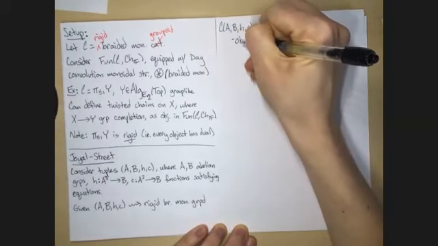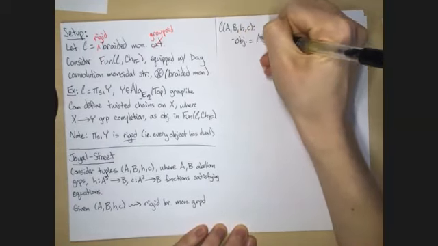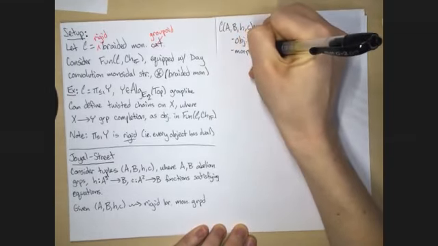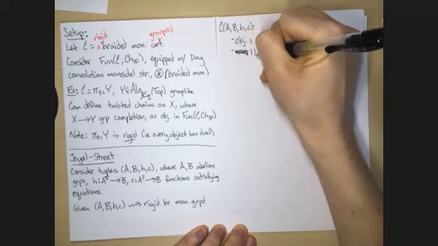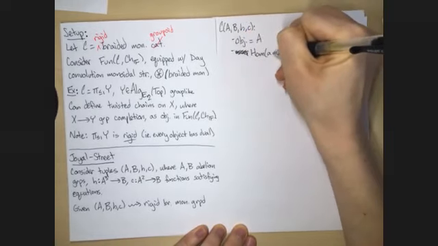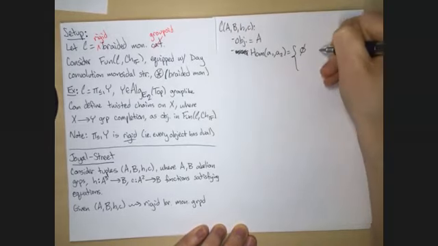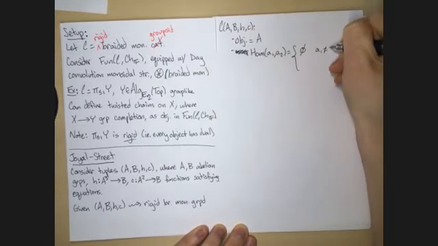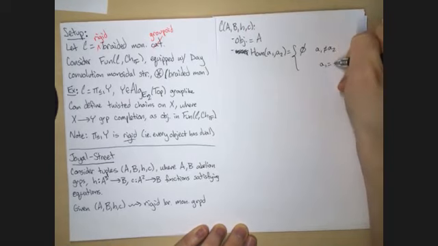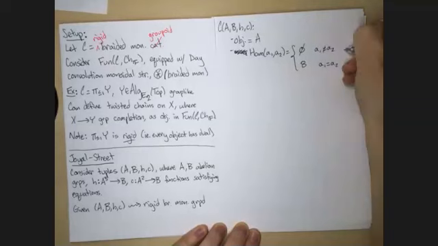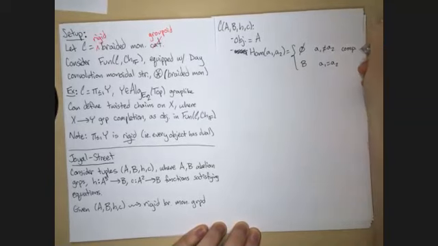The objects are the elements of A. The morphisms, let me say, the hom from A1 to A2 is empty if A1 is not equal to A2. And if A1 is equal to A2, it's just the elements of B. And here, composition is given by addition in B.